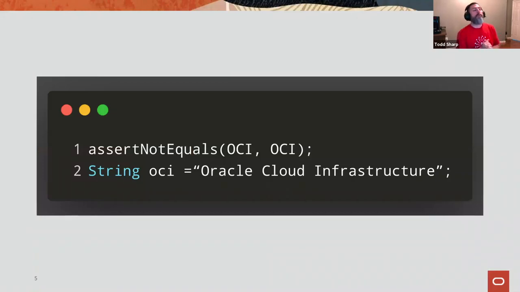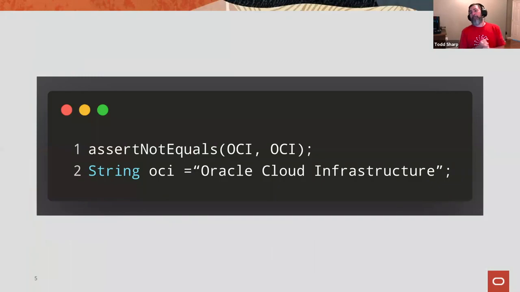Before we move forward, I must first assert that OCI does not equal OCI. What I mean by that is, as you can see on line 2 here, when I talk about OCI, unless I am qualifying it, OCI to me means Oracle Cloud Infrastructure.